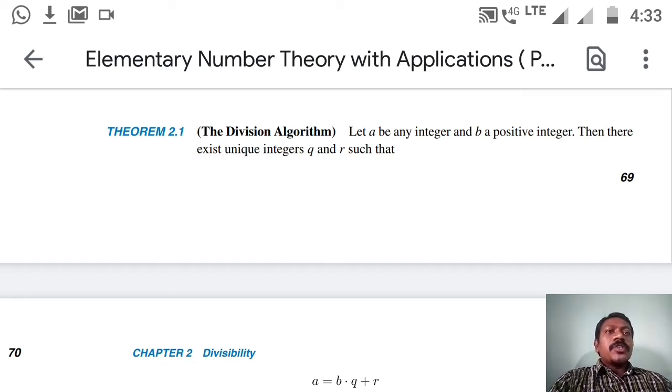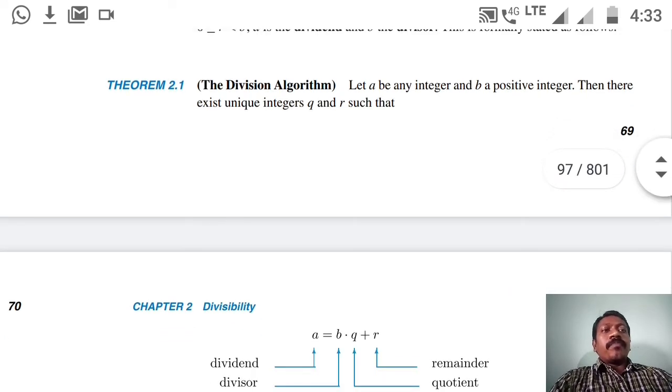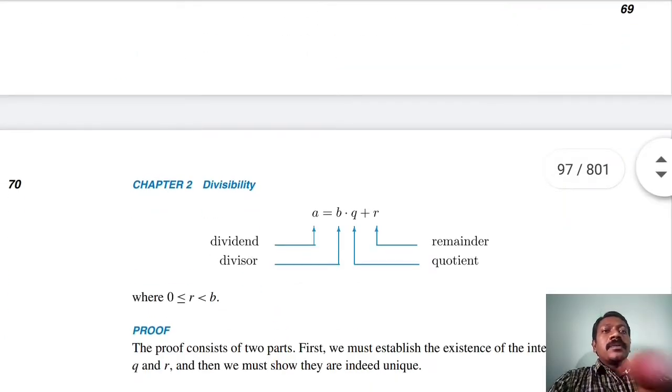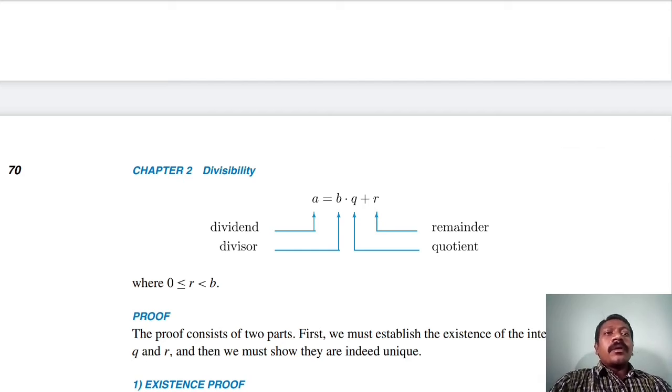Then there exist unique integers q and r such that a equal to bq plus r, where 0 less than or equal to r less than b. So here the important thing is a; we can take an example as a as 13 and b as 7.